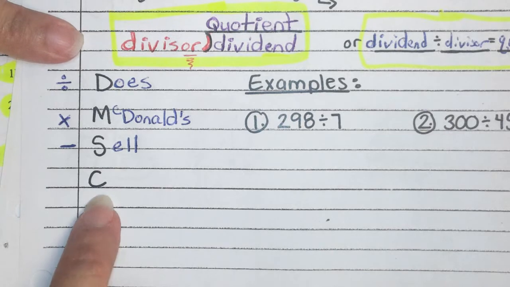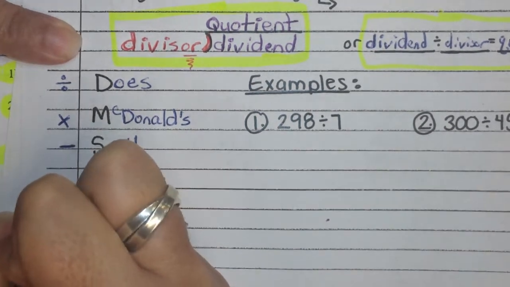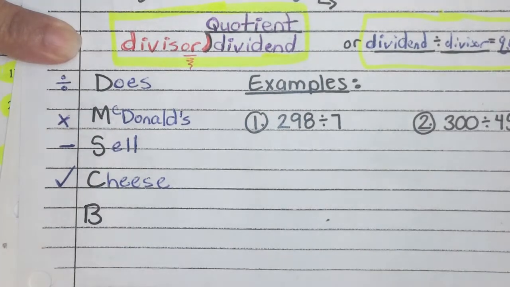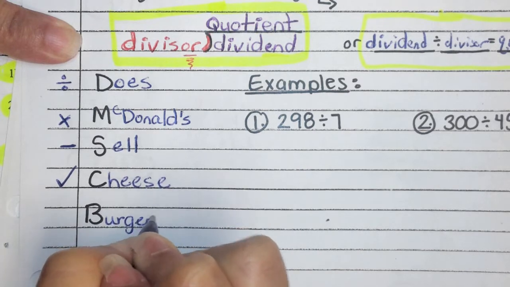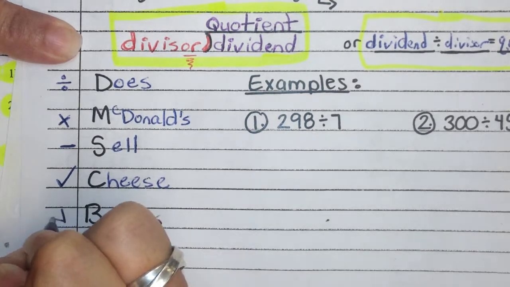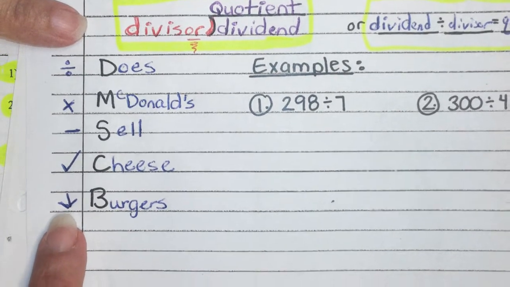C is for cheese, which is for check. And B is for burgers, which is for bring down. Bring down. And we're going to talk about the steps.